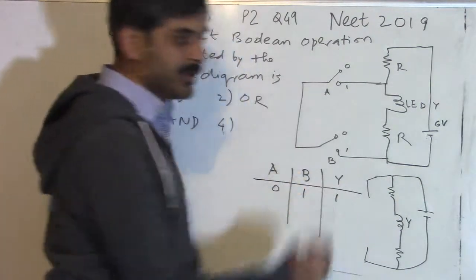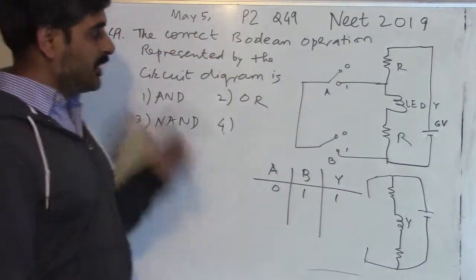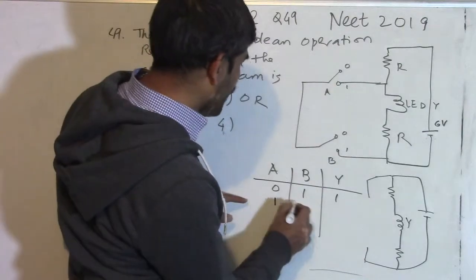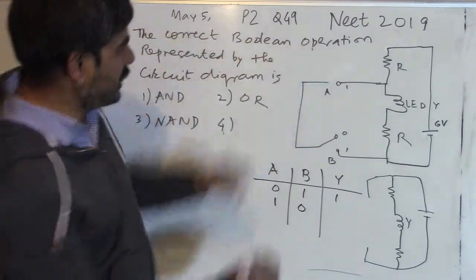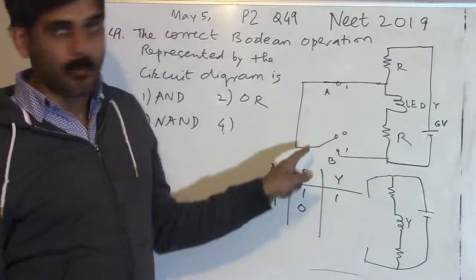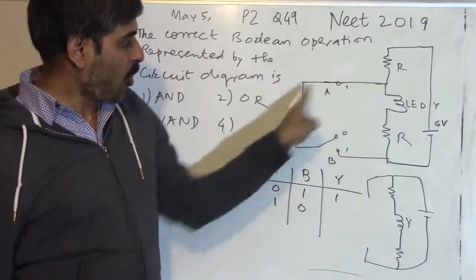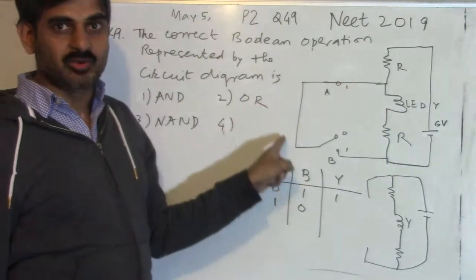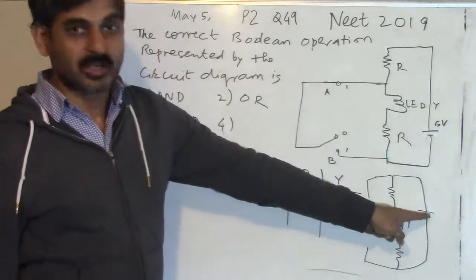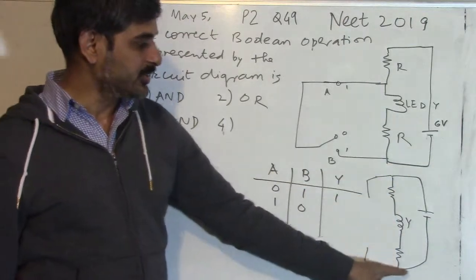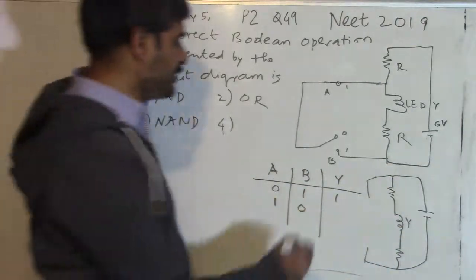So we have 1 here. Then what happens if A is 1 but B is open? That means we close this switch like this, but we keep the B open. It's still an open circuit. The current cannot flow through this, so there is an infinite resistance here. So the current will start here, flow into this, and the bulb will glow. That means our Y is 1.